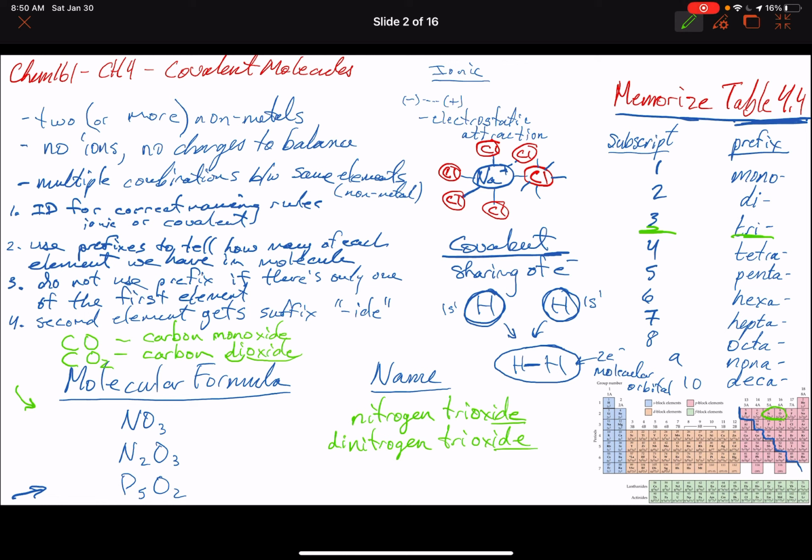Okay, perhaps a more intimidating example up front, but it's not so bad. We have 5 phosphorus. So again, we're going to apply the prefix penta. Now we apply the full name of the element, phosphorus. So we've been applying the full name of the element from the periodic table and applying a prefix ahead of that for the first word.